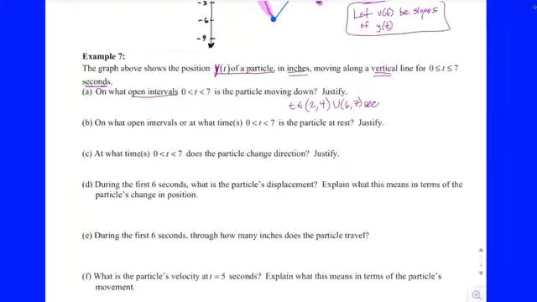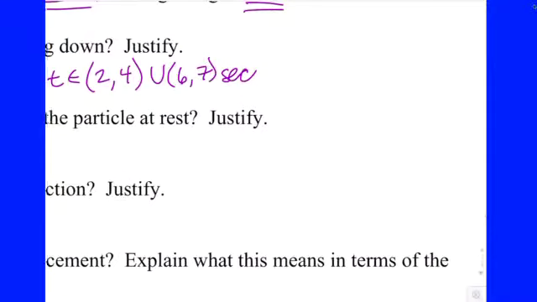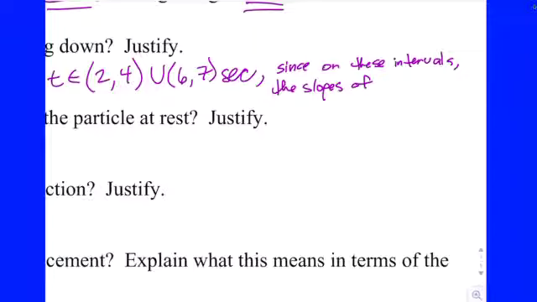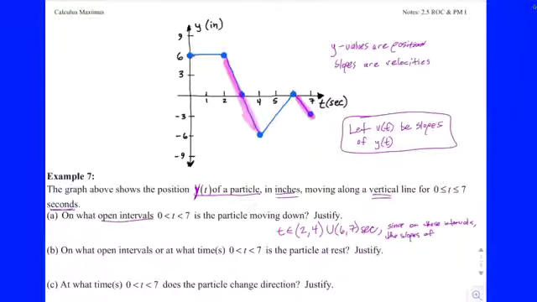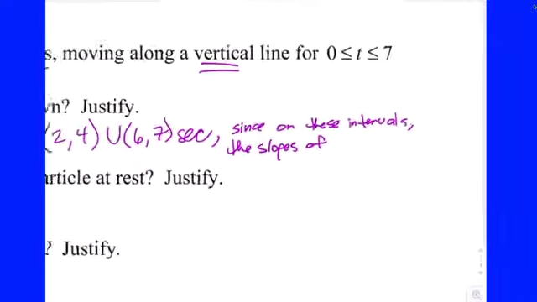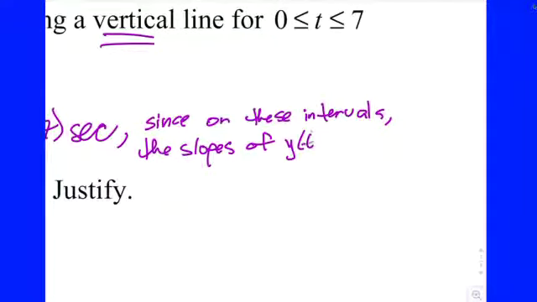You'll say, these are the intervals, and then the justification would be, since on these intervals, the slopes of, would you say the slopes of the graph? Would that work? The graph of the function, would that be any better? No, neither one of those is good. You could say the graph of y of t, but you don't even need to say the graph of. Just say the slopes of y of t are negative.